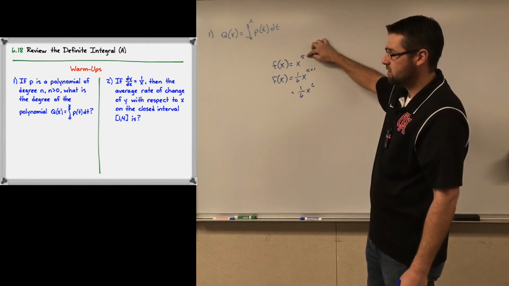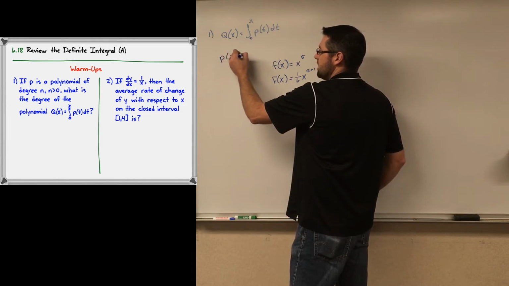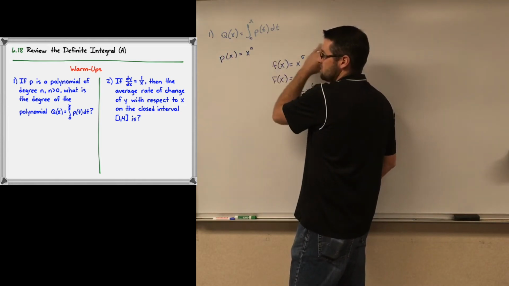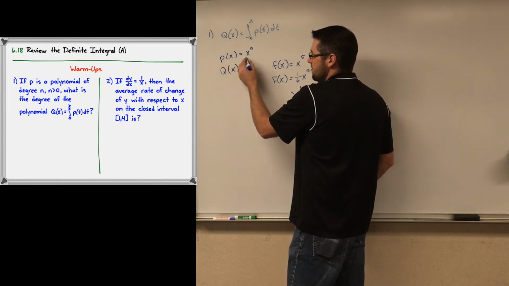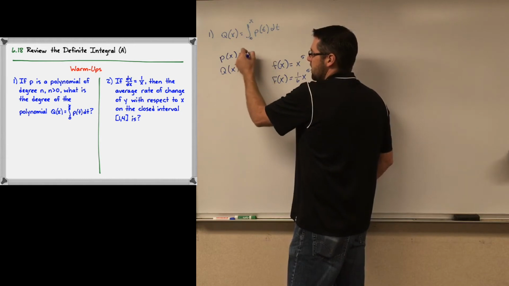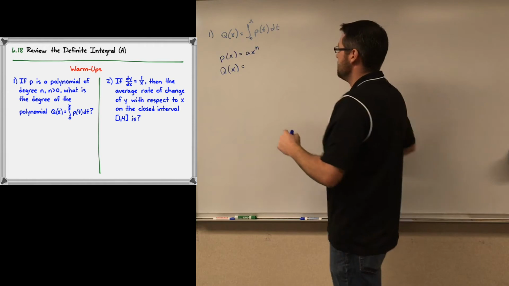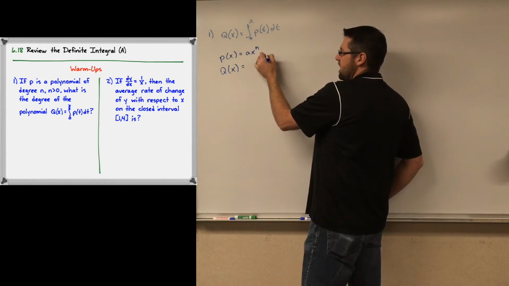Well, if p of x is written as a times x to the n, then q of x would be something times x to the n plus 1.